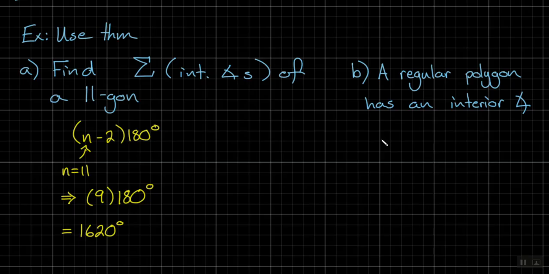Here we go. 172.8 degrees. So it's a regular polygon, and each of the interior angles on this polygon is 172.8 degrees. What I want you to do for me is answer, how many sides?